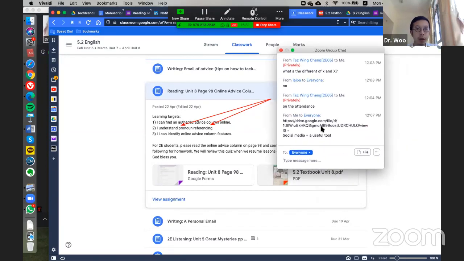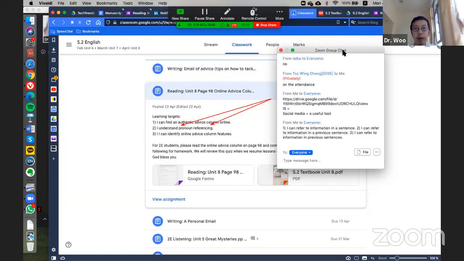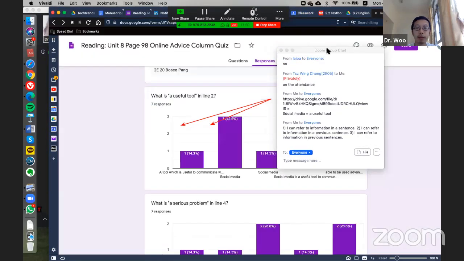It's a little more specific than this. One, I can refer to information in a sentence. Two, I can refer to information in a previous sentence. Three, I can refer to information in previous sentences. Those are the actual learning targets. Sorry about that.